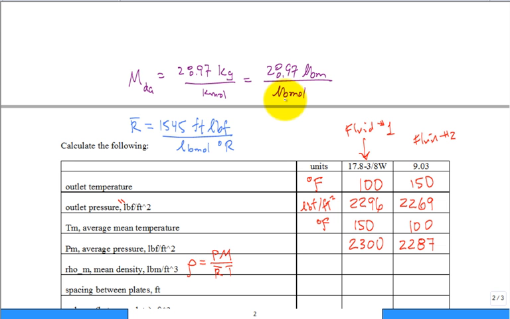Professor, I don't like degrees R. I know. The temperature in degrees F, if I want to get it into degrees R, what do I need to do to the temperature in degrees F? I add 460, exactly. So with those pieces of information, I think everybody should be able to calculate the mean density. I'm going to pause.